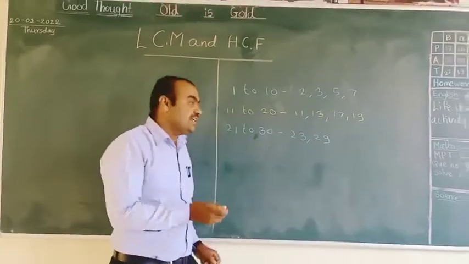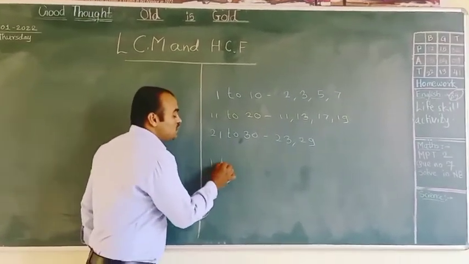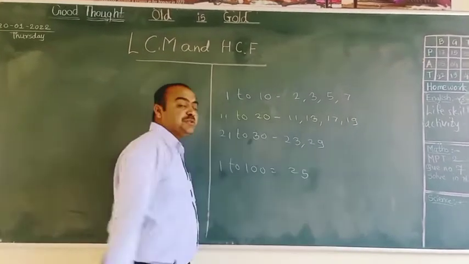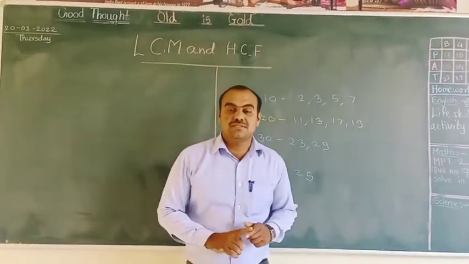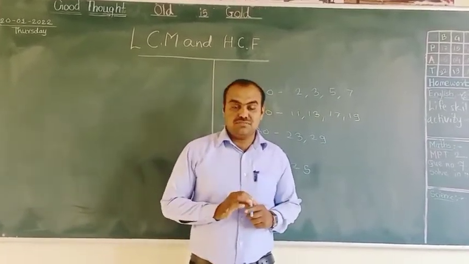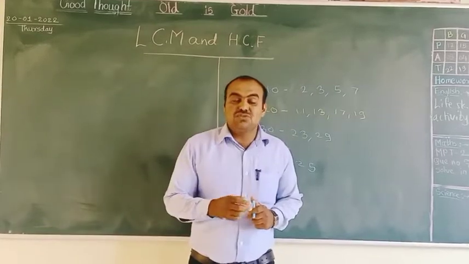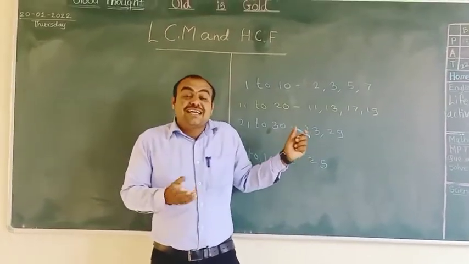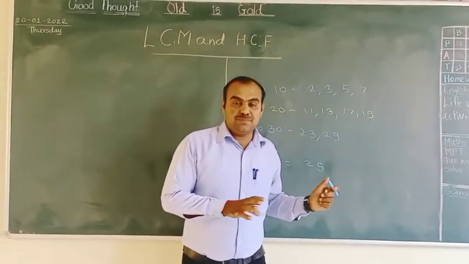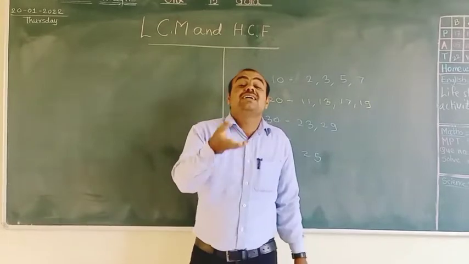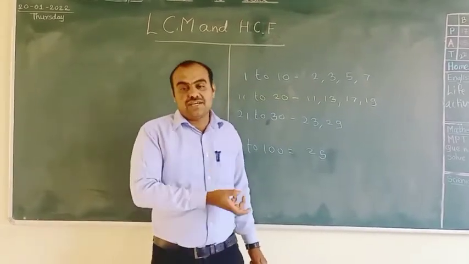Like this, from 1 to 100 there are 25 prime numbers. All the remaining are composite numbers. Composite numbers have some factors, so they can be divided by other numbers.